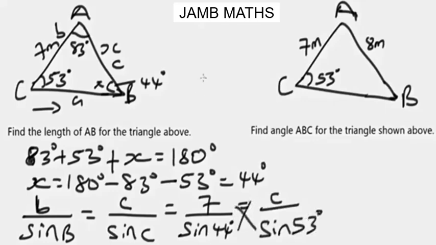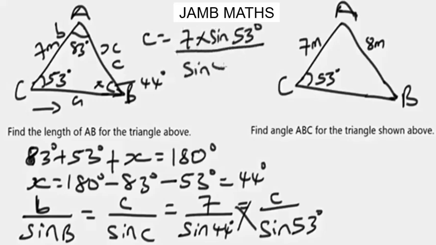When you cross multiply, you're going to have c, sine C, to be 7 times sine 53 degrees over sine 44 degrees. Now when you punch this on your calculator, you're going to have it to be 8.0477. I keep having recurring decimals, but let's stop at this point.